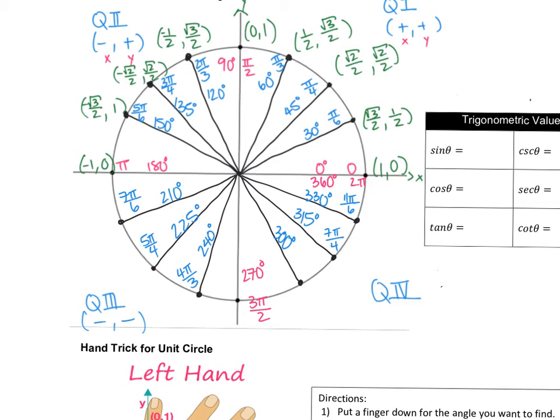So I can take my 2 pi and subtract pi over 3 from it. So this is going to be 2 pi minus pi over 3. So I can make the denominator a 1 and multiply the top and bottom by 3. So this is going to be 6 pi over 3 minus 1 pi over 3. So that's going to be 5 pi over 3. So this here is 5 pi over 3. And now we have all the angles.